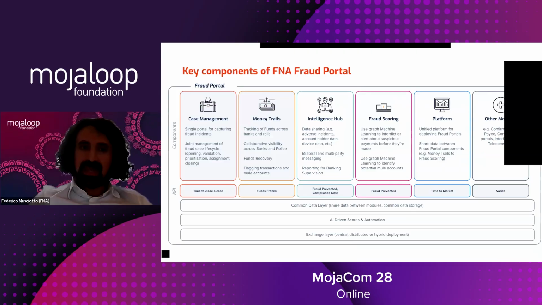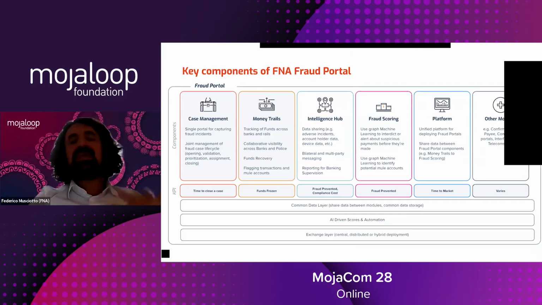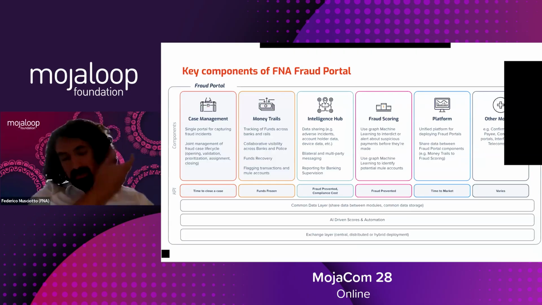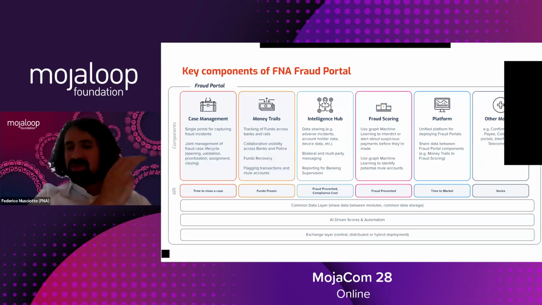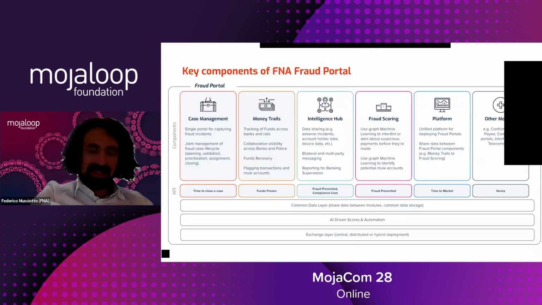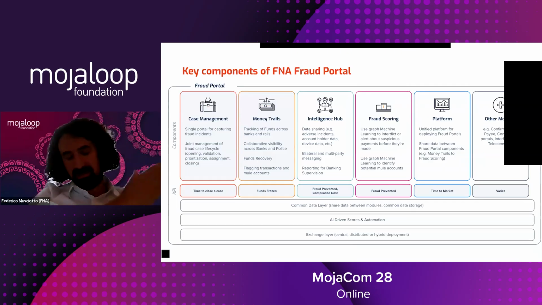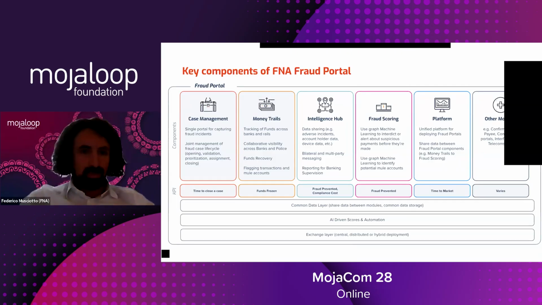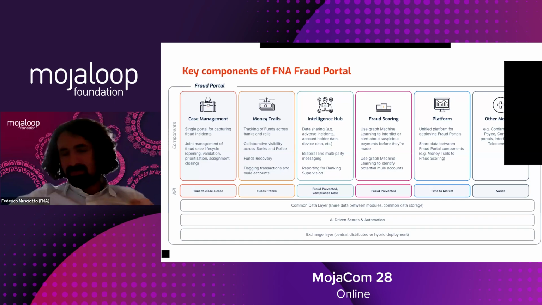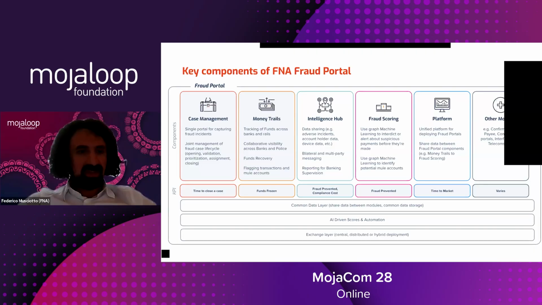The way we design the scoring, for example the fraud scoring and fraud detection part, plays quite well with what Mojaloop is, even if there's this superficial mismatch between the entity we design the fraud detection and fraud portal for and what Mojaloop is today.